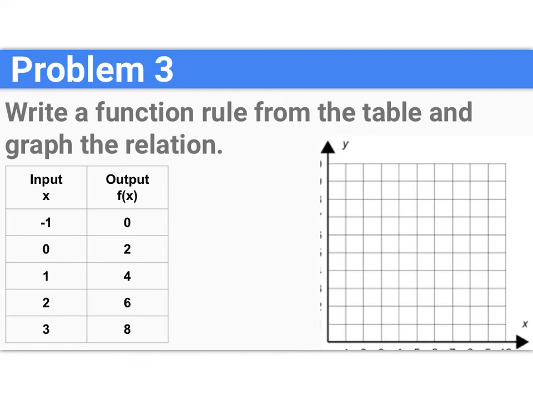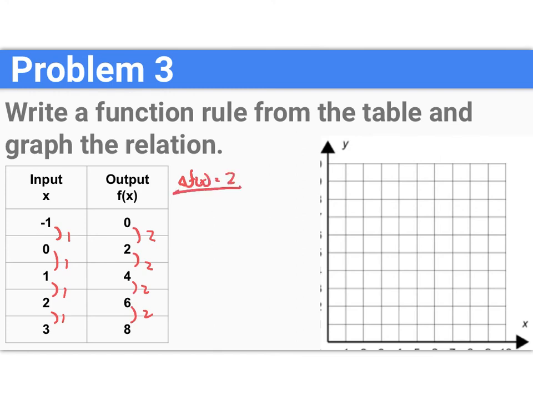Okay, and let's look at our last one. So we're changing by 1 on x, and we're changing by 2 on f of x. Okay, so our change in f of x is 2.